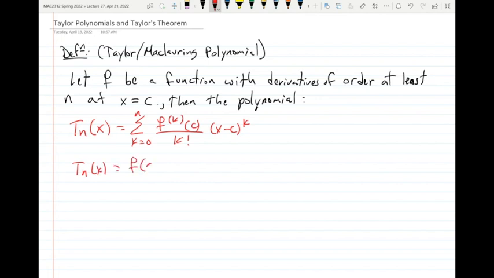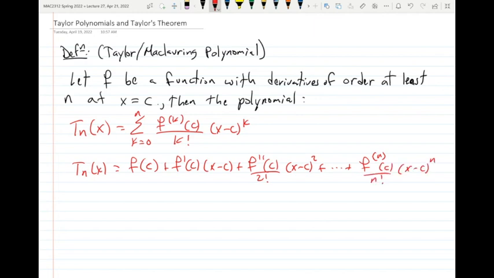So basically, Tn is going to be this. It's going to be the value of the function at c plus the derivative of the function at c times x minus c plus the second derivative at c over 2 factorial times x minus c squared, and keep going all the way up to the nth derivative evaluated at c over n factorial times x minus c to the n.